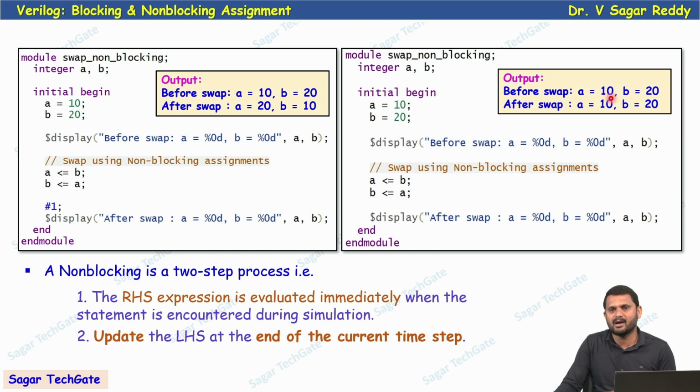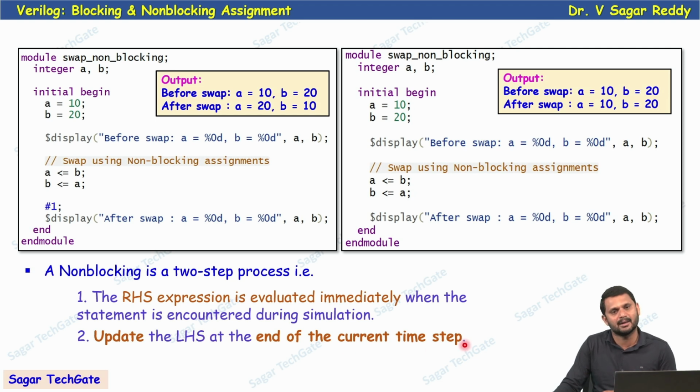Now see, before swap A equal 10, B equal 20. After swap A equal 10, B equal 20. Clear? What you observed here, is it correct? Yes, it is correct. Because if you read the value at the end of the current time step, A should be 20 and B should be 10 only. But why did we get this output? The display statement will execute before assignment of the LHS.